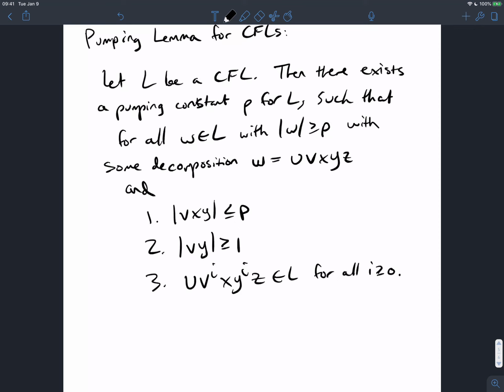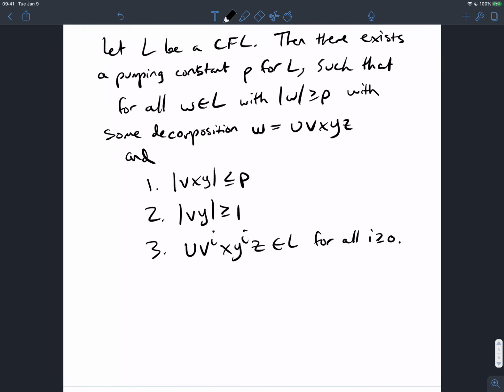No. So here, the part that you're going to be concerned about is not necessarily the prefix of the string. It can appear anywhere in the string. Okay? So now when we try to use this, we need to look at the entire string all the way through and see, could we pump out in any of those cases? Okay, any questions about this?